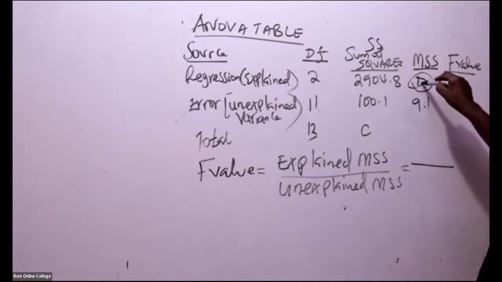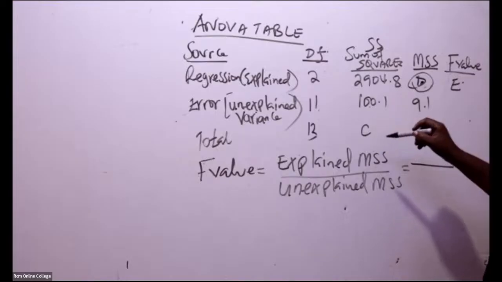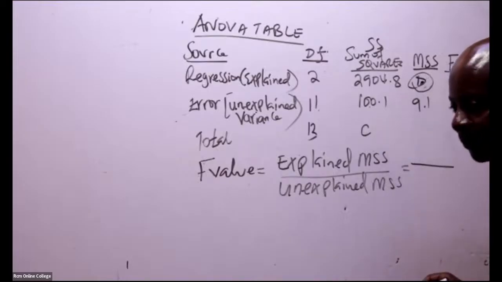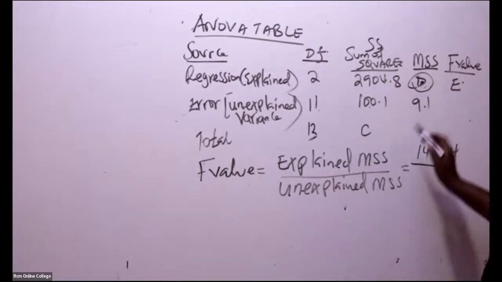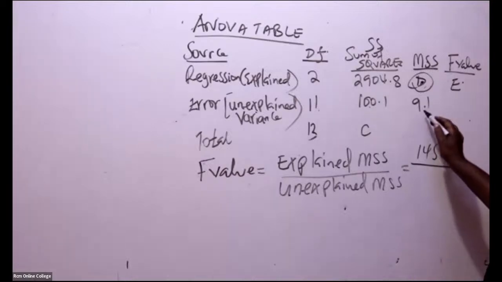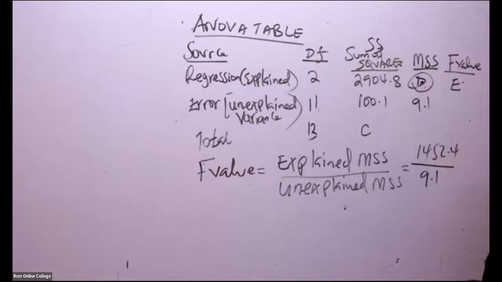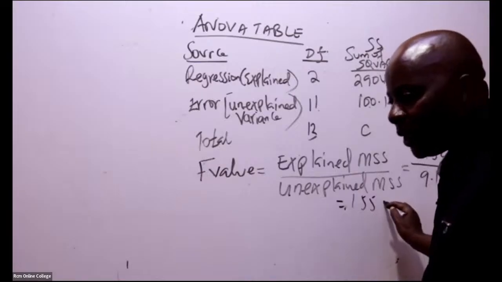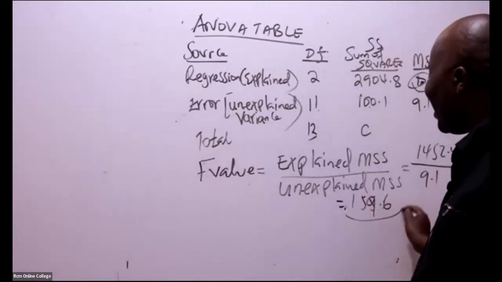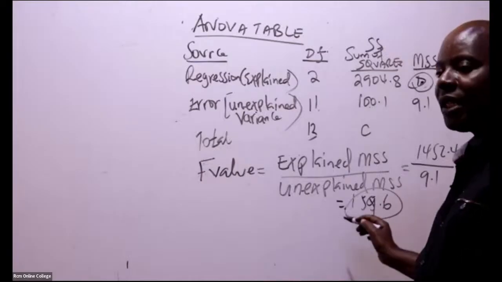So D equals what? 1452.4 divided by the unexplained mean sum of squares, 9.1, gives us the F ratio. So they're getting here 159, which is really, really high. Very good. The higher it is, the better the predictor.